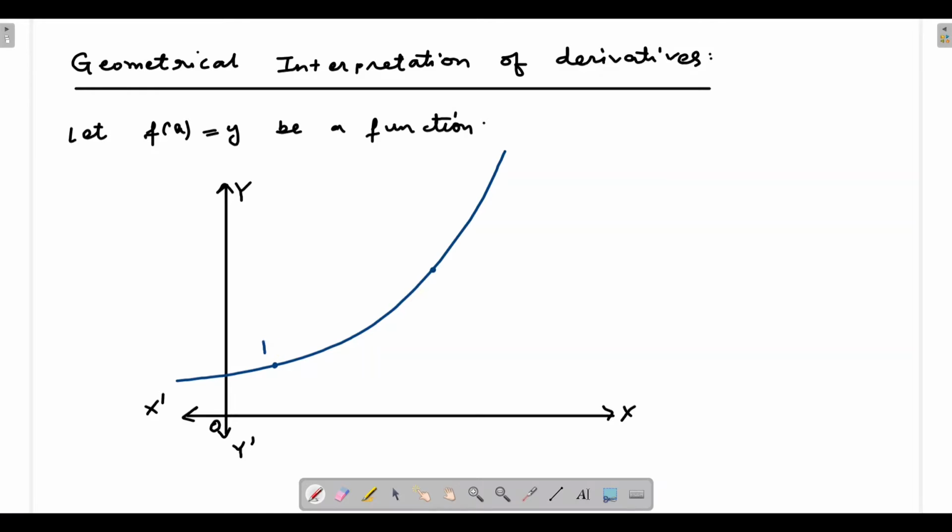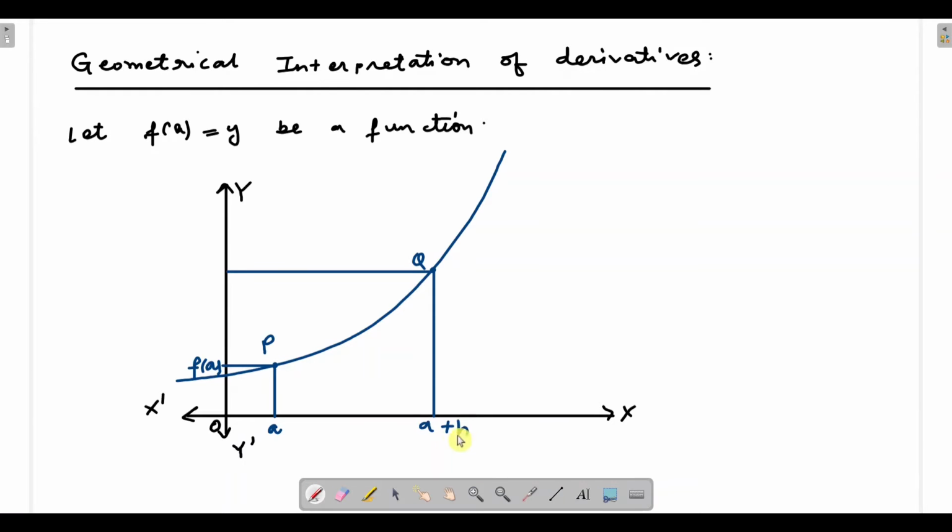Suppose this is point P and this is point Q, right? Okay, now let us say that this point P is at x equal to a here, right? And so this will be f of a, and this point Q is at a plus h, where h is positive. Okay, this is a plus h.